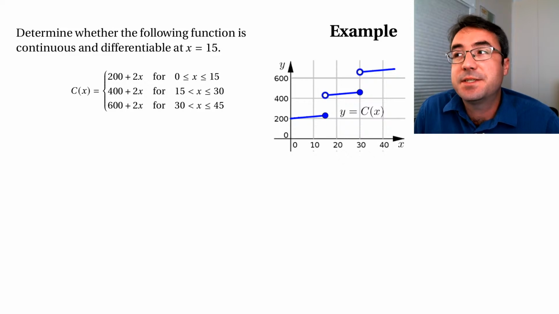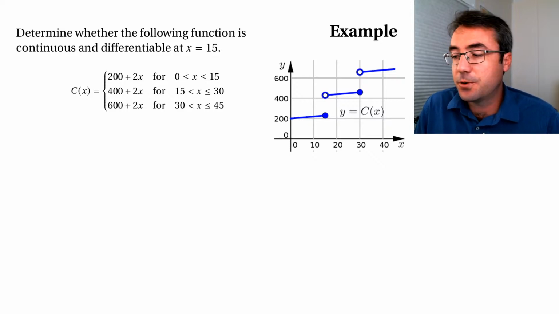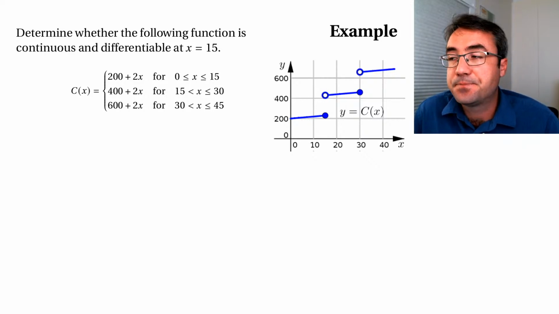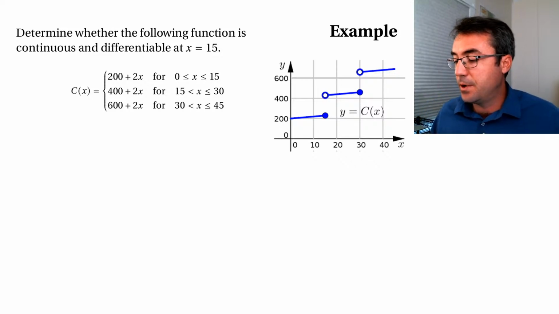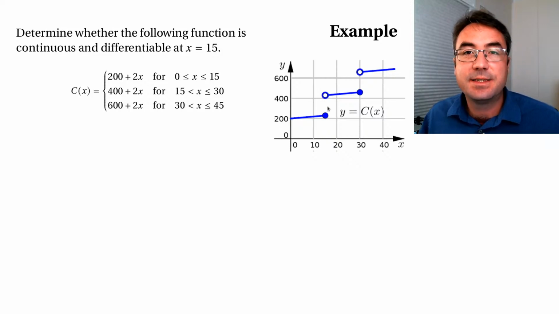And the third piece is 600 plus 2x when x is between 30 and 45. We have the graph there to the right. If we look at x equals 15, it's discontinuous there, and it's going to be non-differentiable there as well.